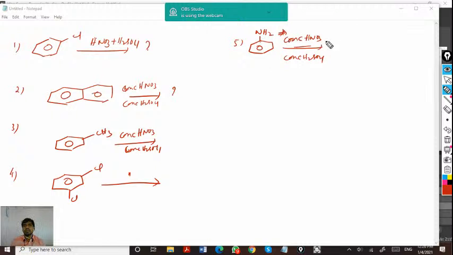Once it gets substituted, the mono substitution product also decreases the electron density, so further reactivity is not going to happen. Only mono substitution.